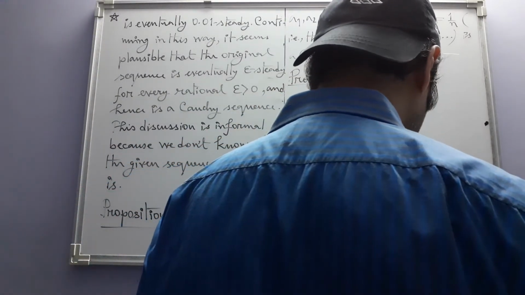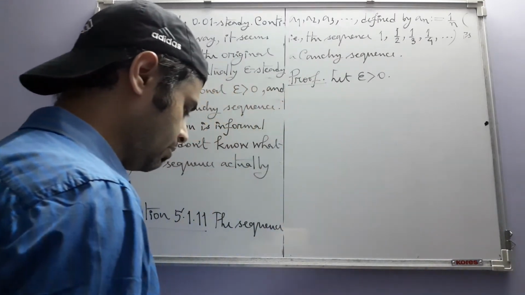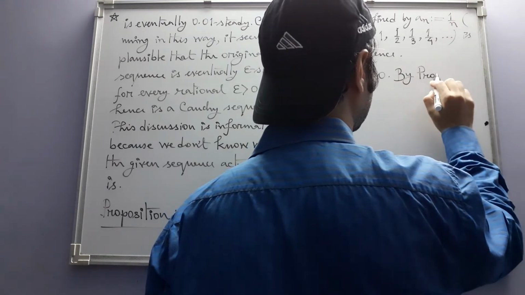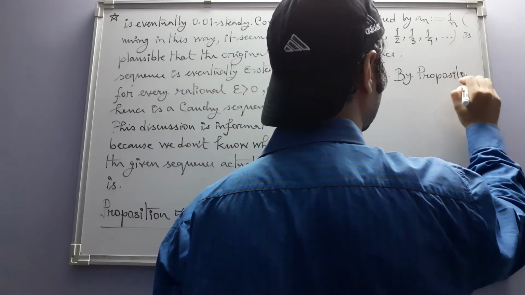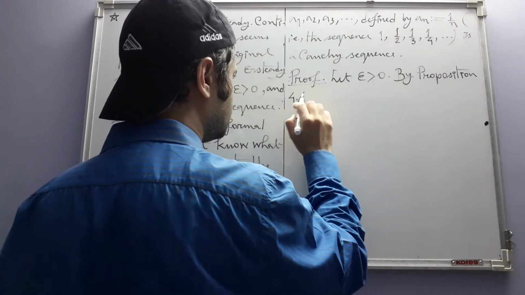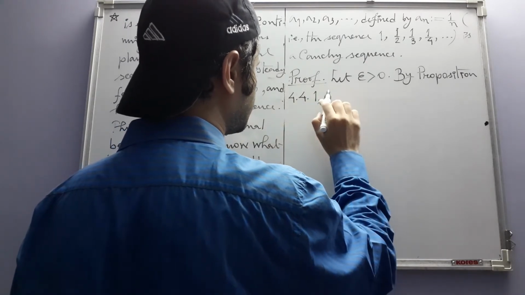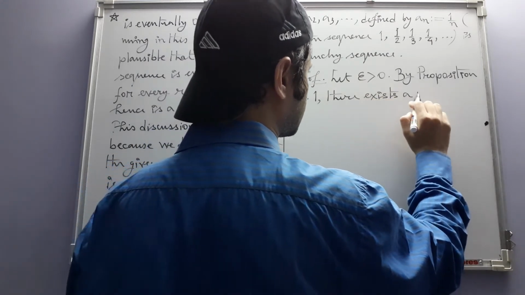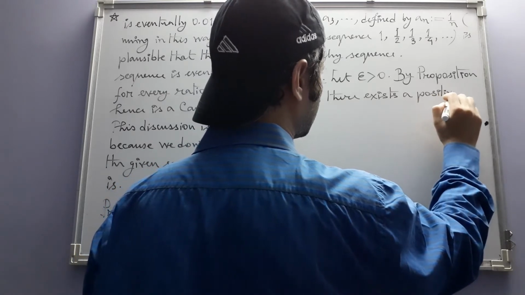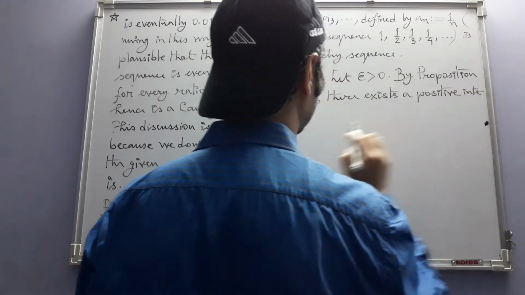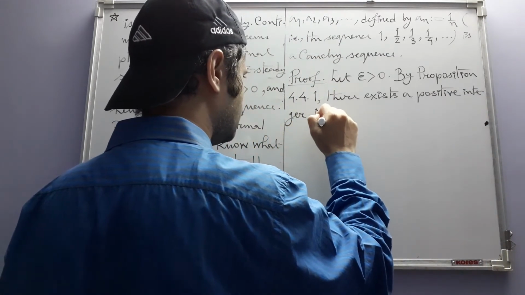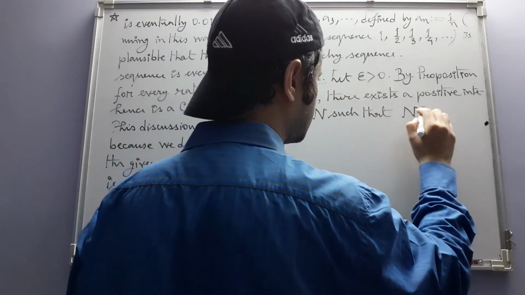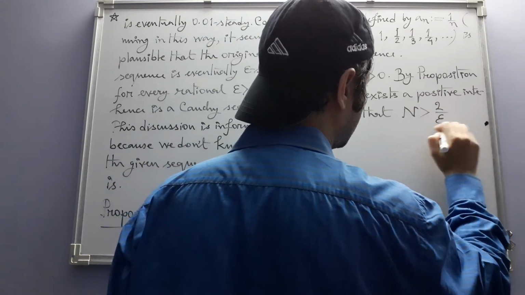Now this is a place where we should use one result that we have already come across, proposition 441 from the previous chapter. There exists a positive integer n such that n is greater than 2 divided by epsilon.